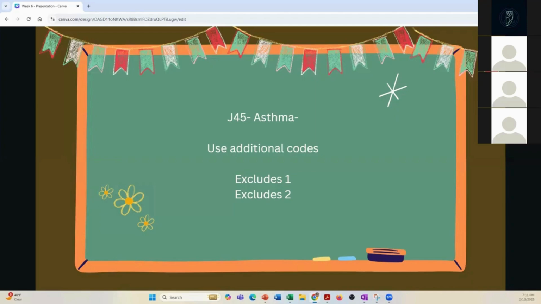An Excludes2 note means that if you are coding J45.99, it can be coded with the excluded code. So you can code J44.89 with J45.99 if your documentation supports it. Excludes1 says what you can't code together, and Excludes2 gives examples of what can be coded together. Does that make sense? Does anybody have any questions on that?